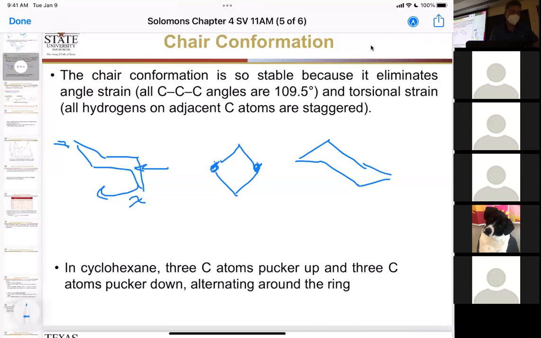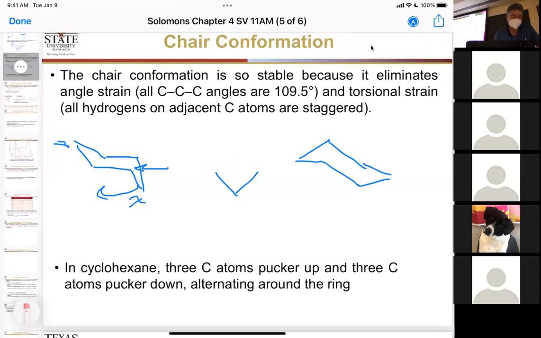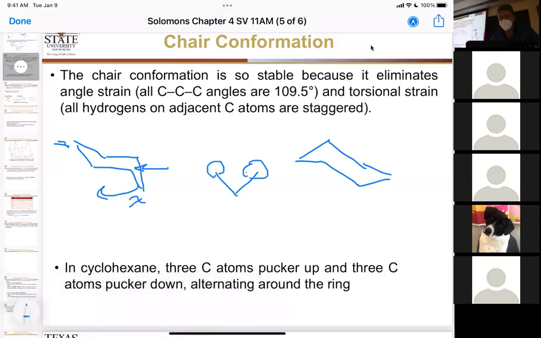And if we draw it as a Newman projection, we're going to have the circle here for the one in the back, right? The carbon in the back is the one that has those two other bonds going to the back carbon. So that's why they're there. And the one in the front here has two hydrogens right here, and this one has two hydrogens right here.